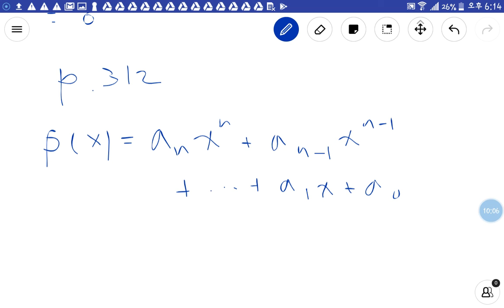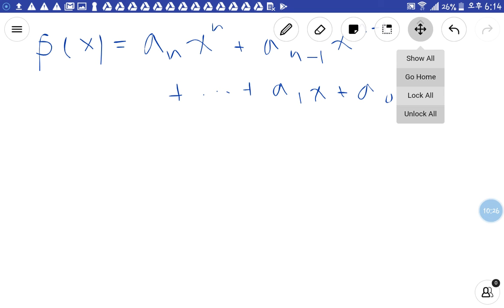Now, we're going to think about the possible rational roots of this p of x. You can see the highlighted words in there, the rational root theorem. So how? We're going to think about the quotient of the leading coefficient, which is a_n, and the constant. So here is the rule.